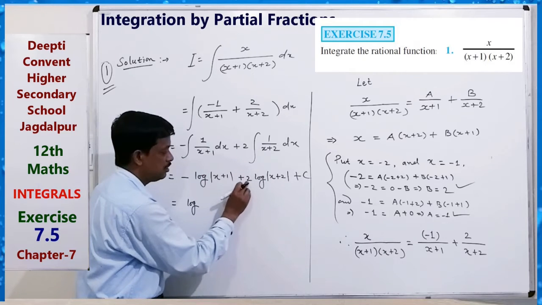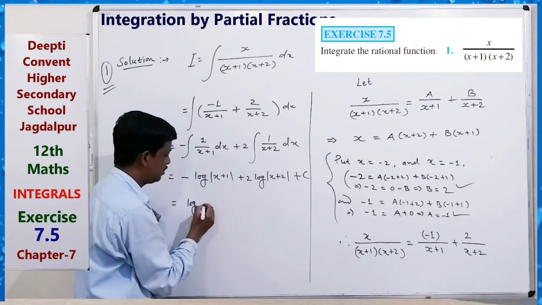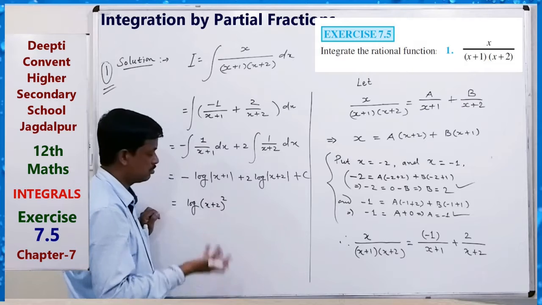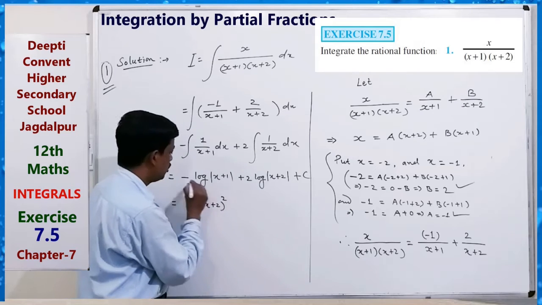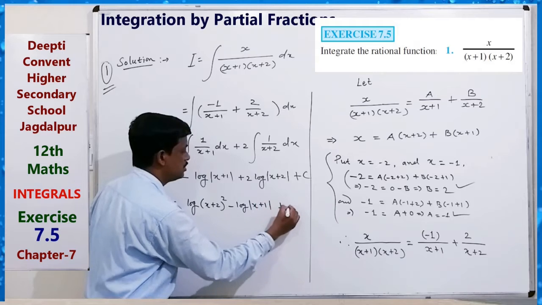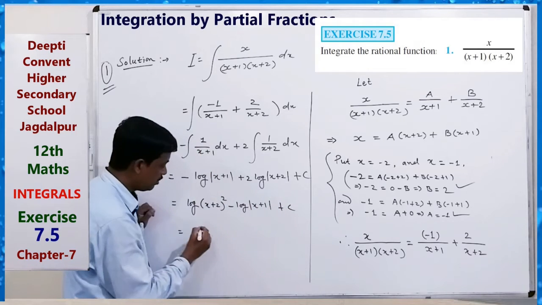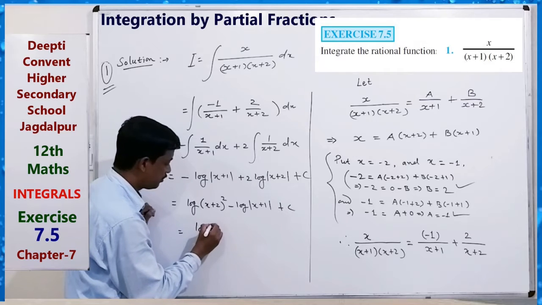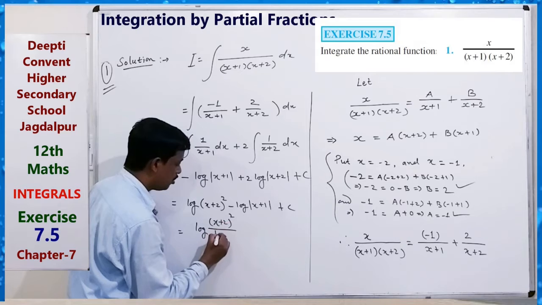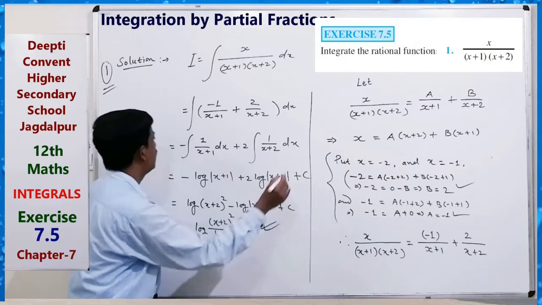If the 2 goes here as a power, then we can write x plus 2 whole square, and because this is positive, there is no requirement of mod. Now minus log of mod of x plus 1 plus c. We can also write log a minus log b as log a by b. So log of x plus 2 whole square upon mod of x plus 1 plus c. So this is our answer.